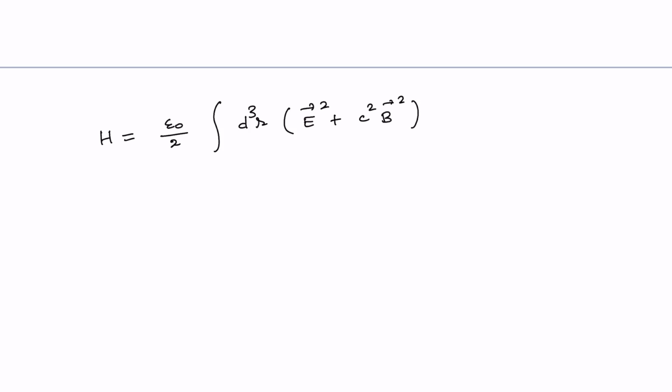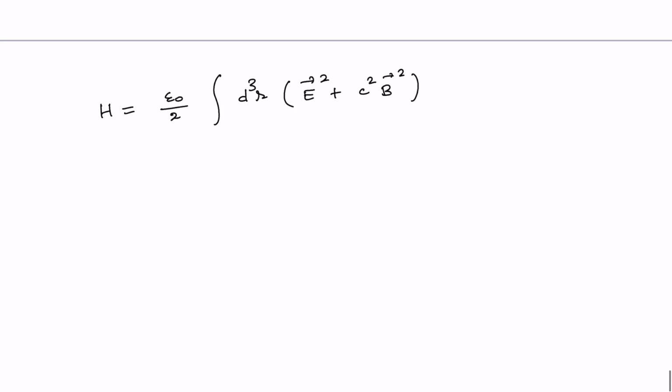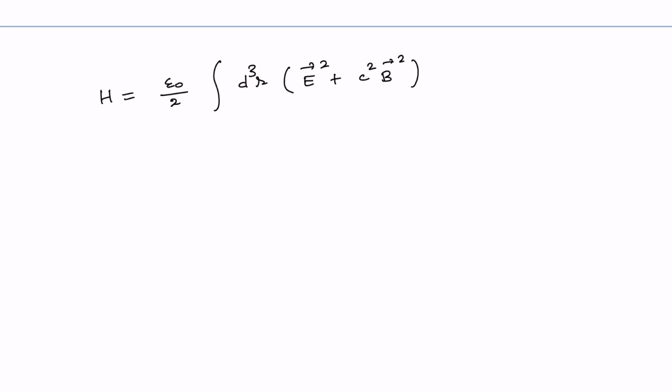So this is the total energy or the Hamiltonian. Now in free space, this term and this term are equal, so therefore we can simply write this Hamiltonian as epsilon 0 integral E square d3r.